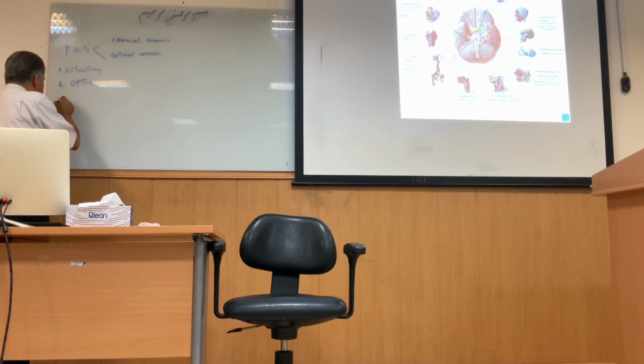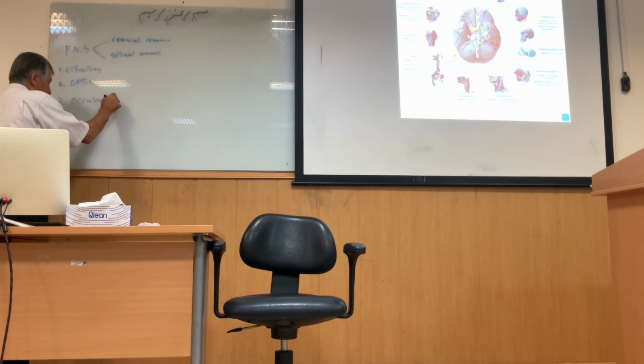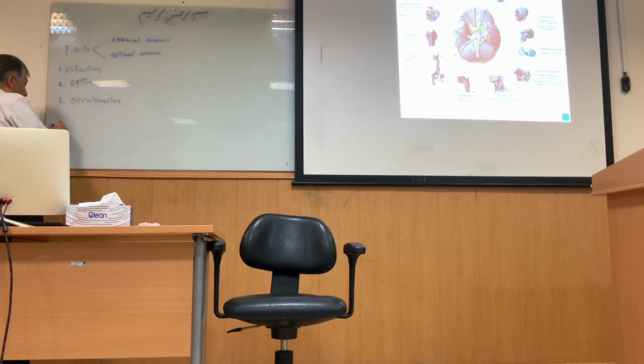Third is oculomotor. Fourth is trochlear. Sixth is abducens. Okay?